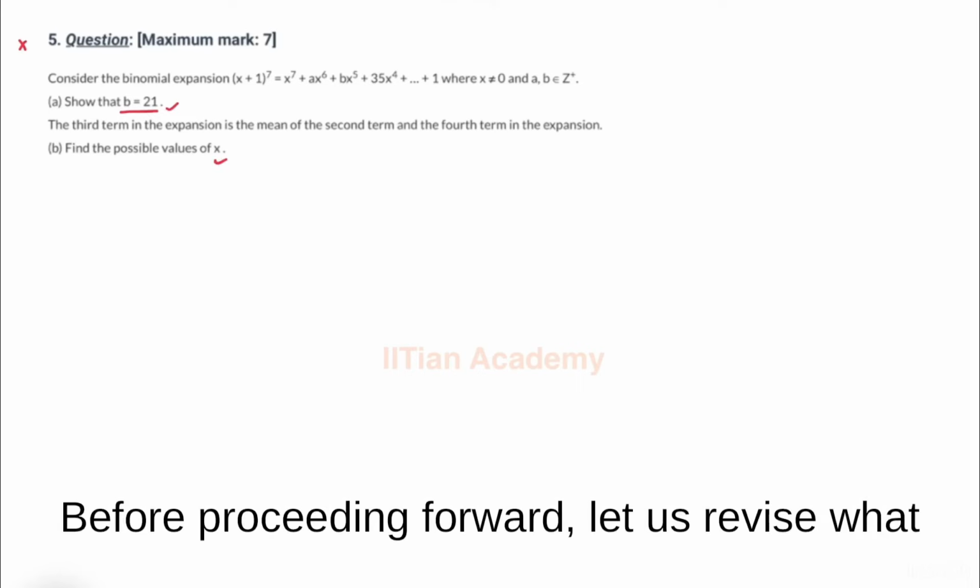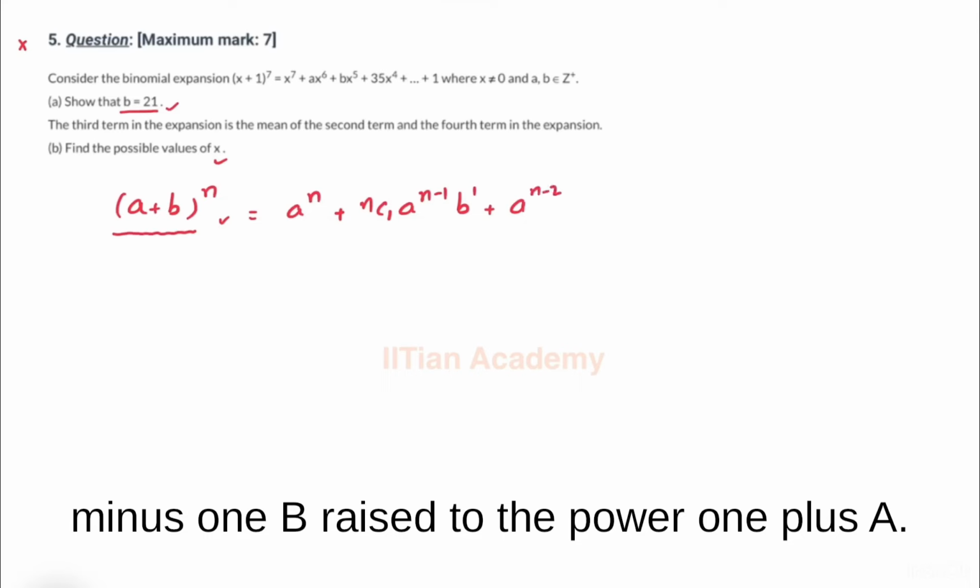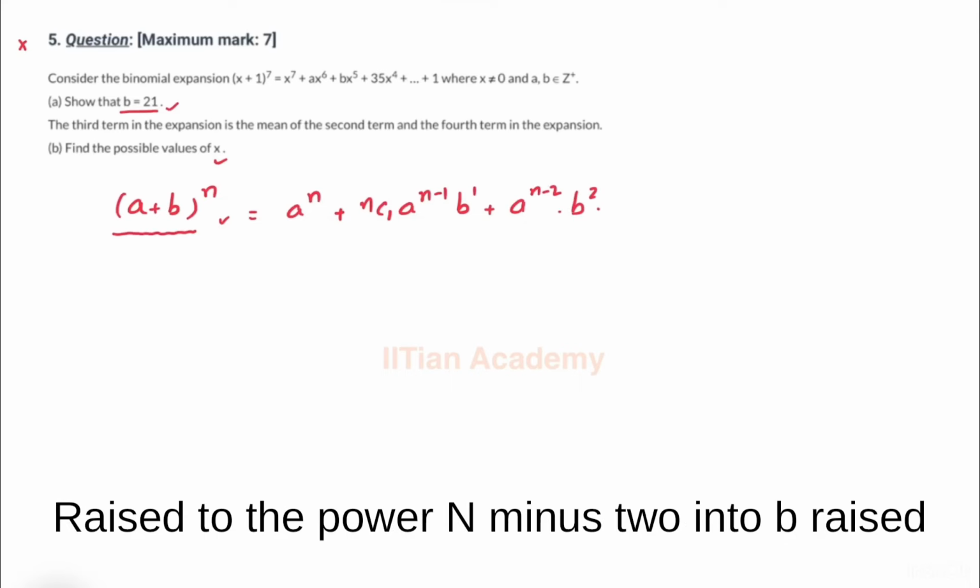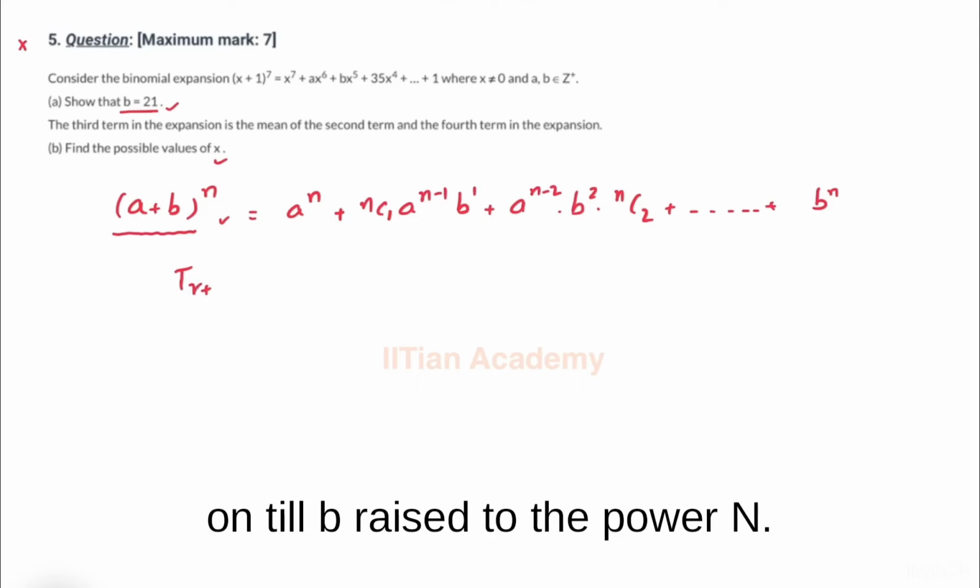The expansion of (a plus b) raised to the power n is something like a raised to the power n plus nC1 a raised to the power n minus 1 b raised to the power 1 plus nC2 a raised to the power n minus 2 into b raised to the power 2 and so on till b raised to the power n.